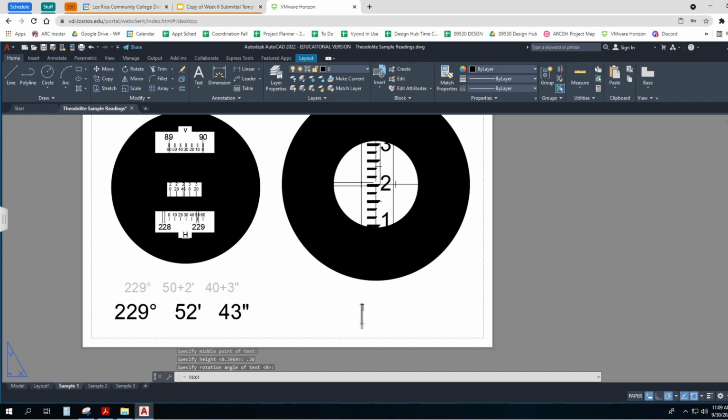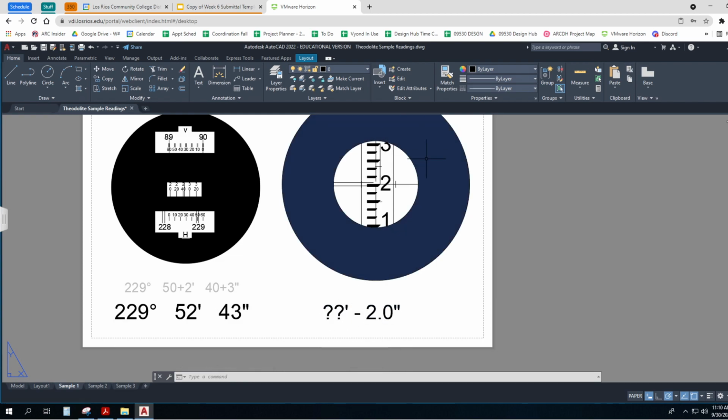So I'm going to call this, I don't know how many feet, 2.0 inches. That's my elevation. I have to ask somebody how many feet. I can't see it in my sight.